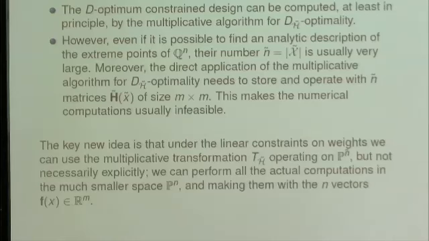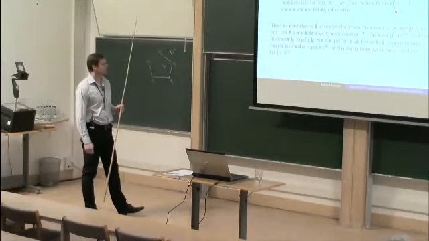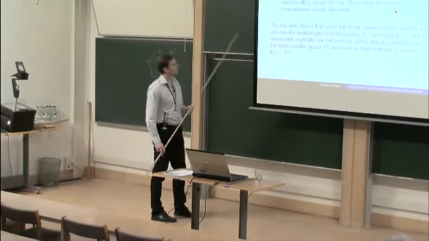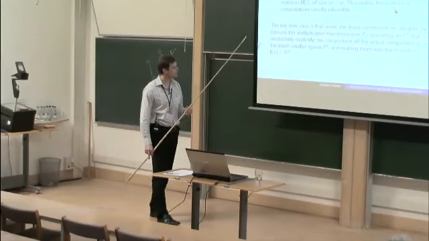And moreover, the algorithm would need to compute with matrices of size m times m. M can be like say 10 parameters. So working with a trillion matrices of size 10 times 10 is not very simple. Okay, so somehow the problem needs to be tackled differently. The key idea is that under the linear constraints on weights, we can use this multiplicative algorithm.